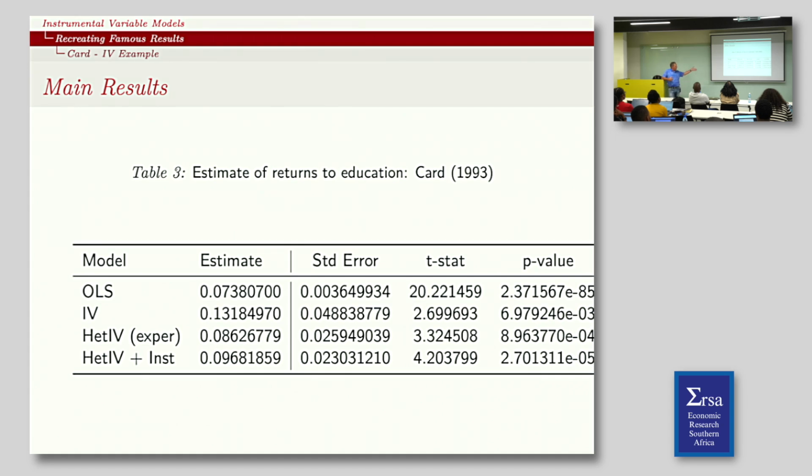The heteroscedastic IV and the heteroscedastic IV with an instrument certainly contains the ordinary least squares. Barely contains the IV, but does contain it, right? Because roughly 2 times this is 0.05, and 0.08 plus 0.05 is 0.13. So it is there.